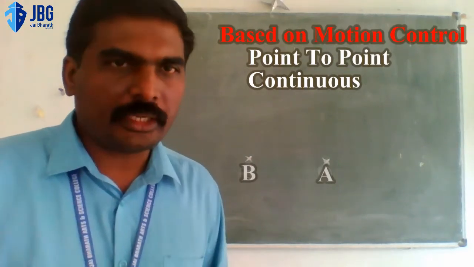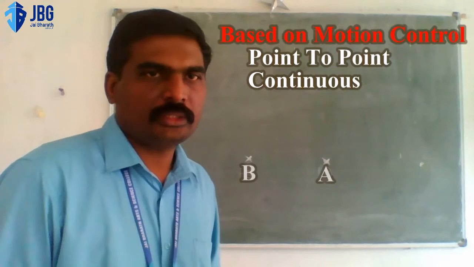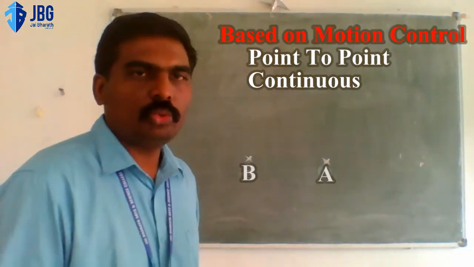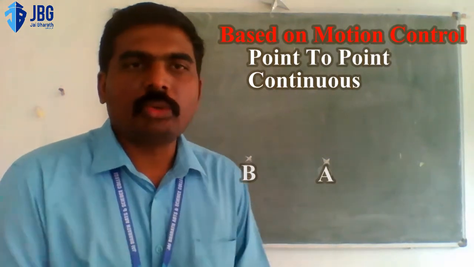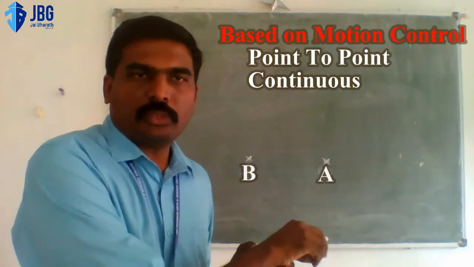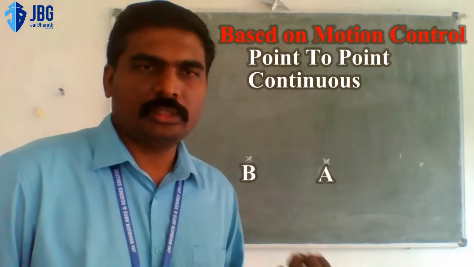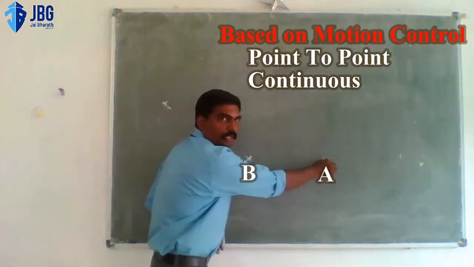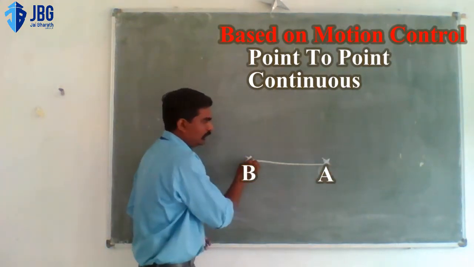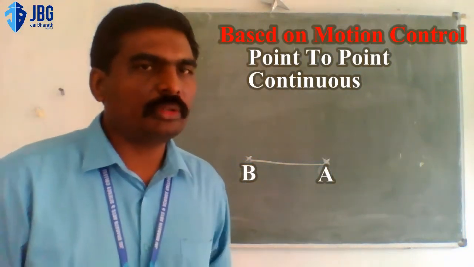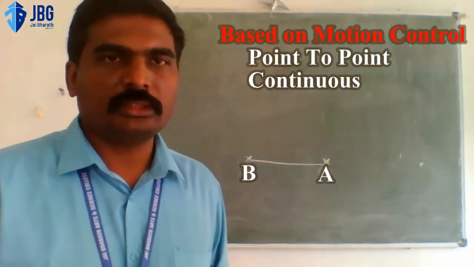Then second category is continuous, in which its motion is uniform. You can move the robot tooltip from one point to the other point uniformly with equal velocity, from A to B. One example for continuous path is spray painting.